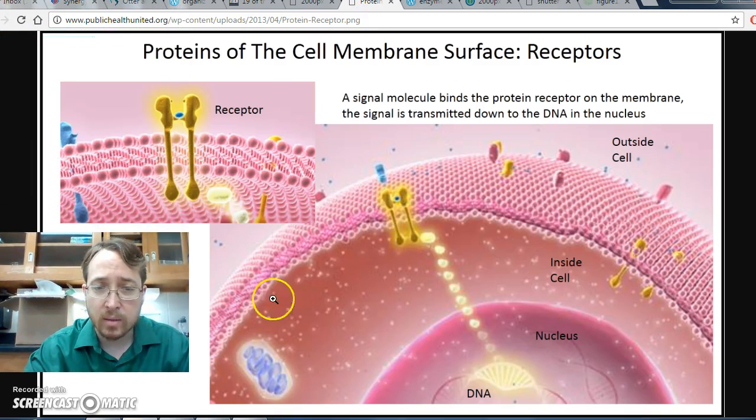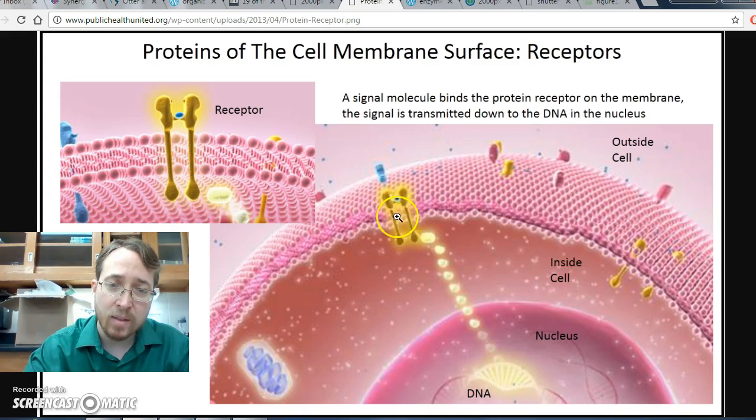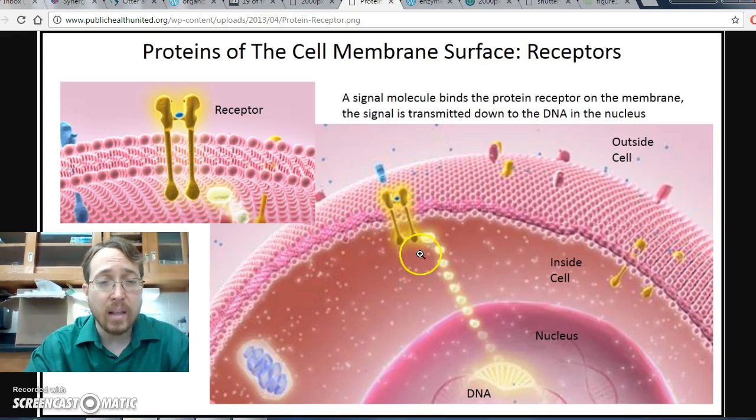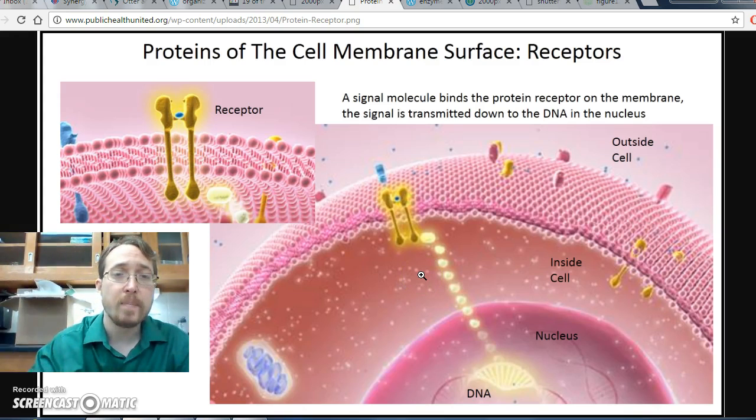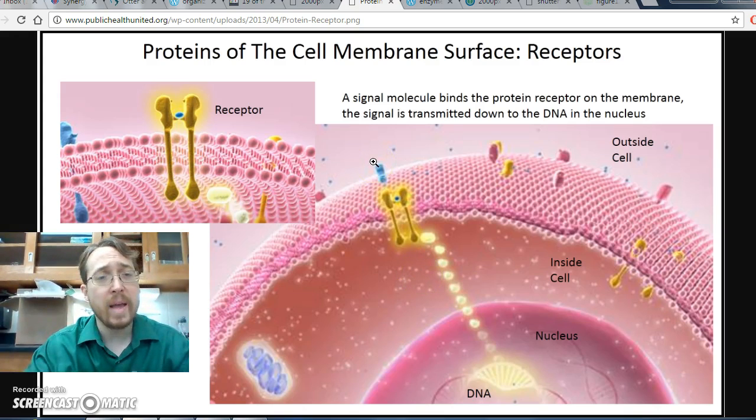And receptor proteins, this is another picture, a zoomed out version of the cell of the last one we saw. Receptor proteins can be in the cell membrane, and they can detect things outside of the membrane, like pressure or chemicals or light. And when they detect them, they can send signals to the cell, and sometimes they can send signals to other cells. So they let cells respond to the environment.